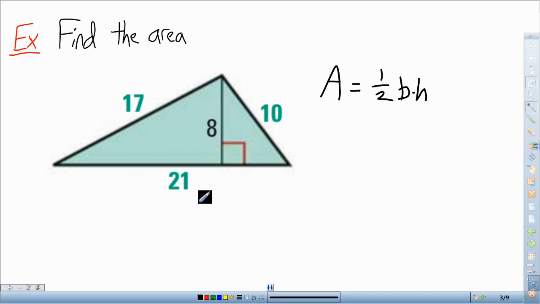Question is which ones do we use? What is the base and what is the height? Well, if you've been following the theme, it's all about finding that 90-degree angle. Those 2 segments that make up that 90-degree angle will be your base and your height. So those are the values I need to plug in. So area equals 1/2 base 21 times height 8.